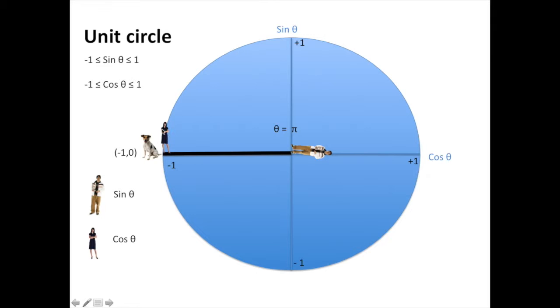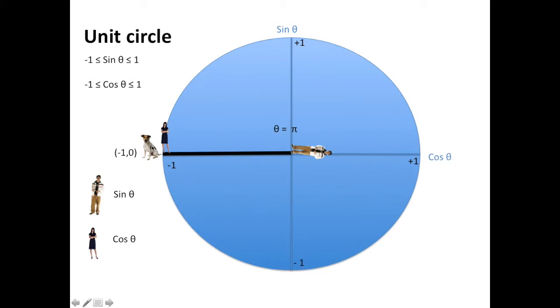In this quarter, the value for Miss Cosine is negative because she is in the negative part of the x-axis, but the sine is still positive here. In the first quarter he went up, and in this quarter he came back. So sine is positive and cosine is negative in the second quarter.